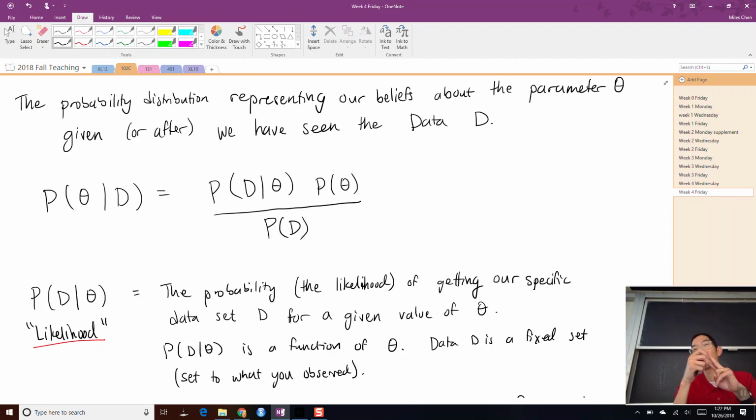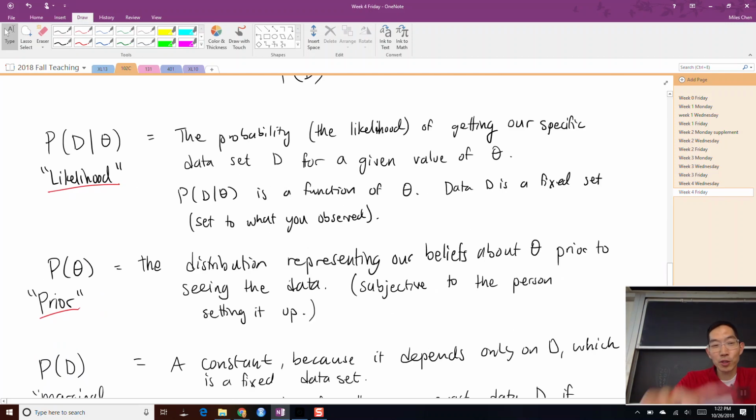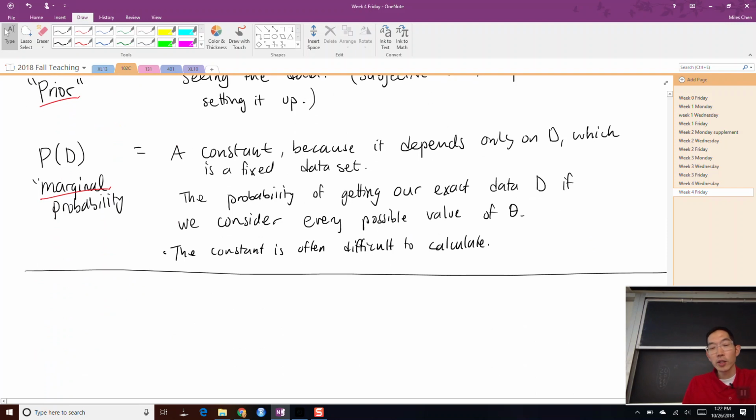We docked a significant number of points on the midterm if your PDF or CDF doesn't integrate to 1. That's a key thing, and that's why we have to calculate this constant, so that the resulting PDF integrates to 1. Okay, it is necessary.